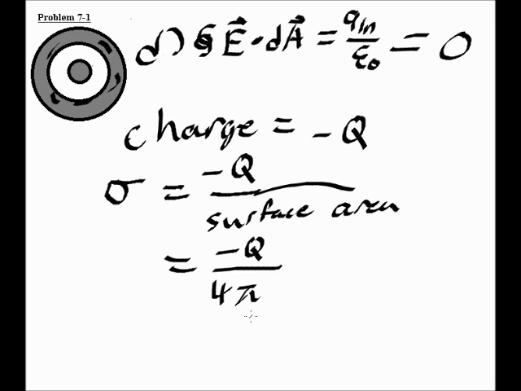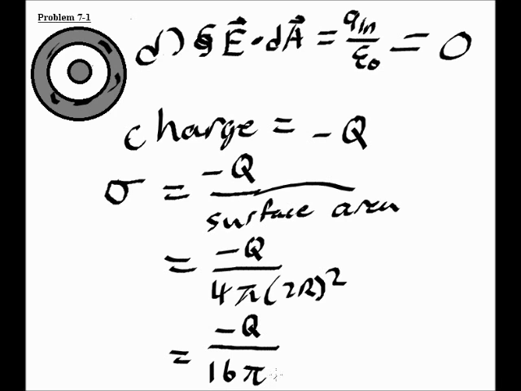In this case, the inner surface of the conducting shell is 2r, so 2r squared. And this equals negative Q over 16 pi r squared. And that's your final answer.